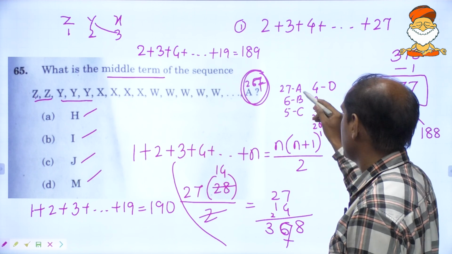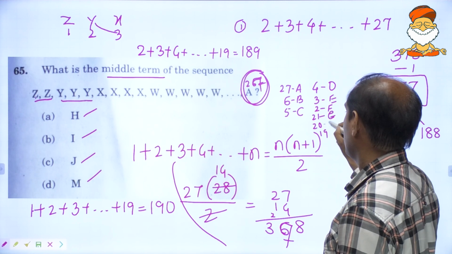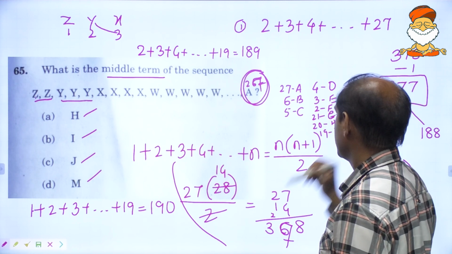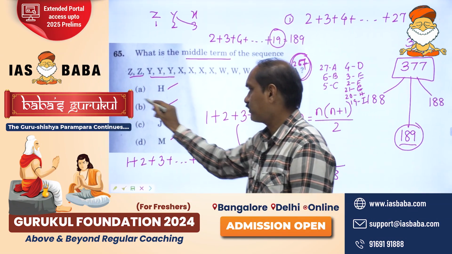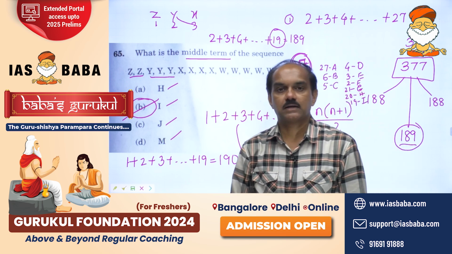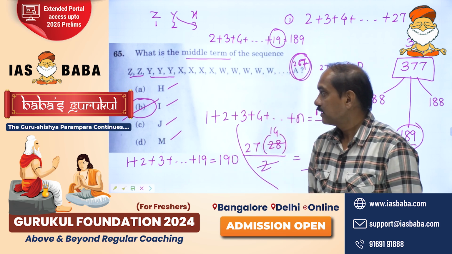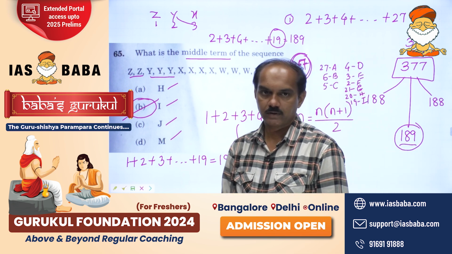This is how it goes. A, B, C, D, E, F, G, H, I. So 19th is I, and we want the 19th. So everything is all right with the second option. So here the correct answer is B for Bombay. I is the final answer, right?